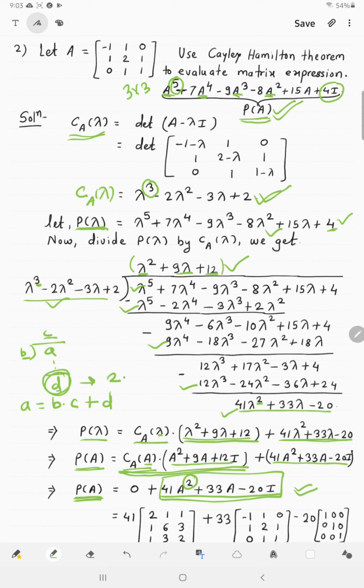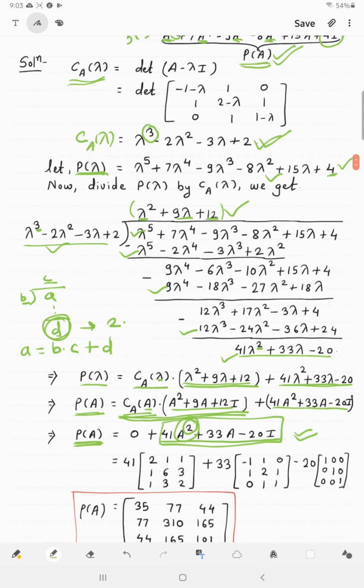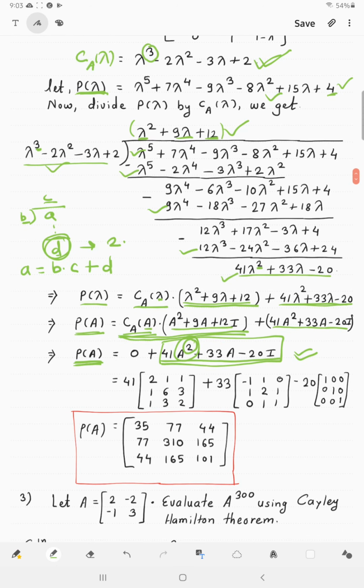So always the maximum order will be up to 2. So every time I have to find only up to A square for a 3 by 3 matrix. For a 4 by 4 matrix, the maximum term I have to evaluate will be only A raised to 3, obviously less than the order of the matrix. Yes, it is helpful to us. So if we do all this multiplication and addition, we will get our required matrix.